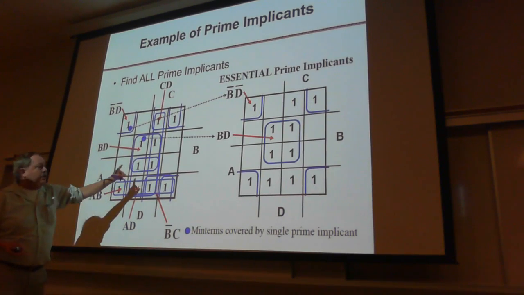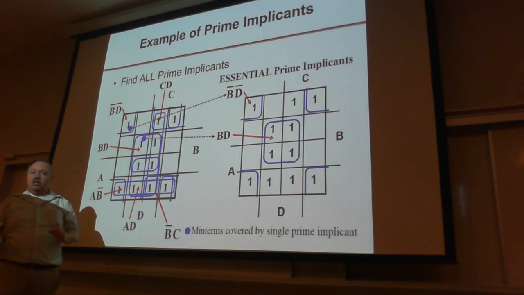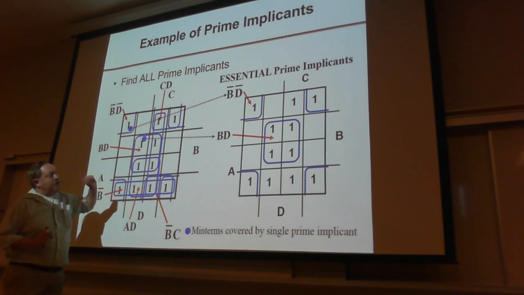Then my next goal is to have the fewest, the minimum number, of these prime implicants.